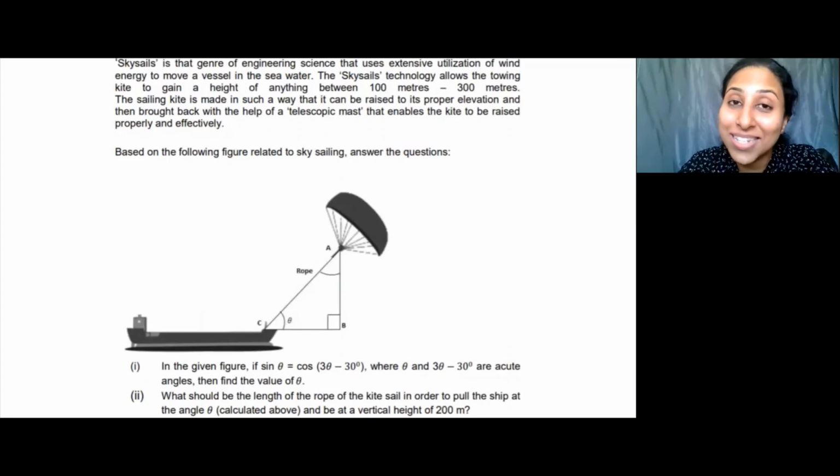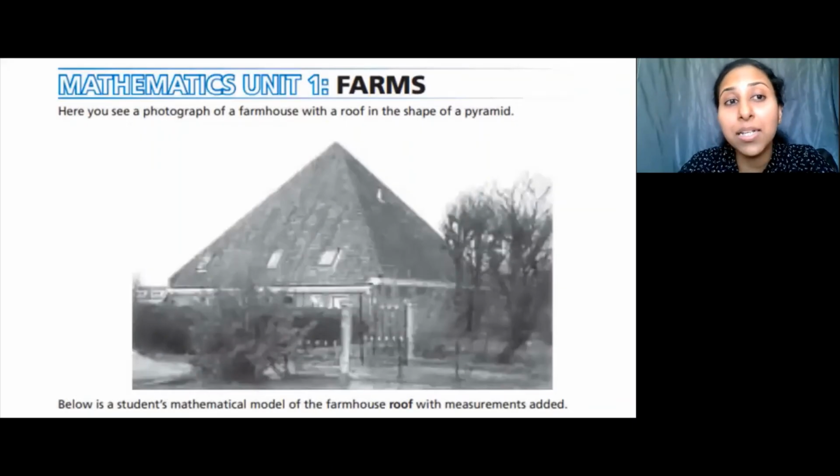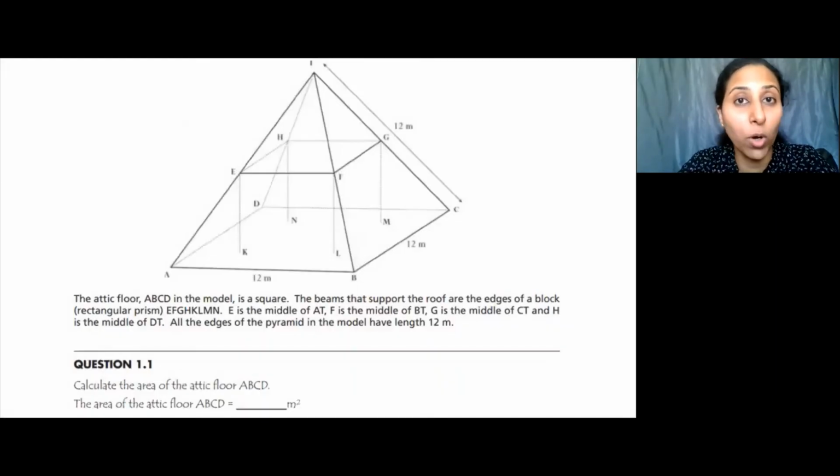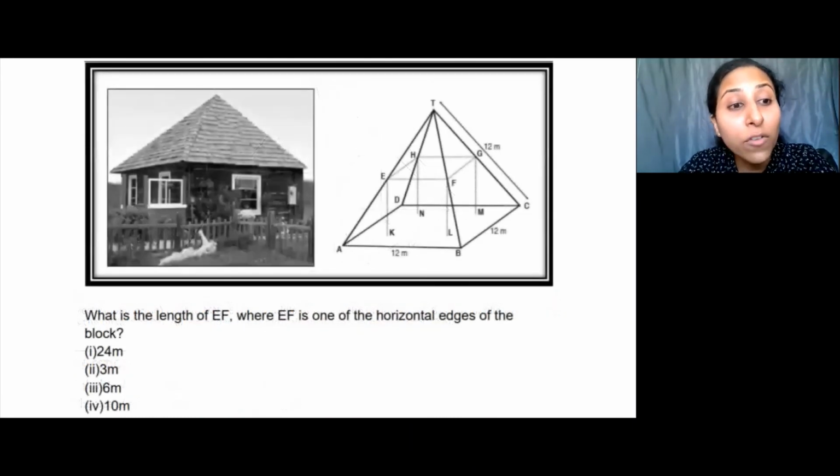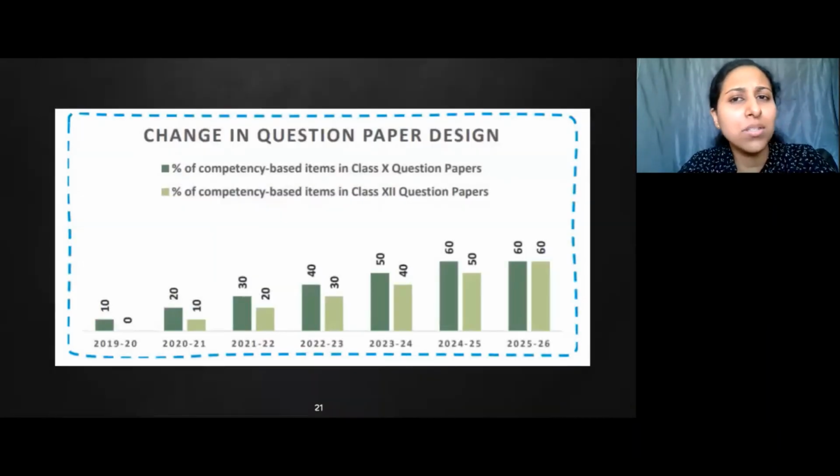This question was directly based on your PISA question. And this particular question, the farm-based question with this mathematical model, has come in this year's sample paper. It was modified as one of the sub-questions for one of the case studies. So, PISA type questions are here to stay, my dear friends.